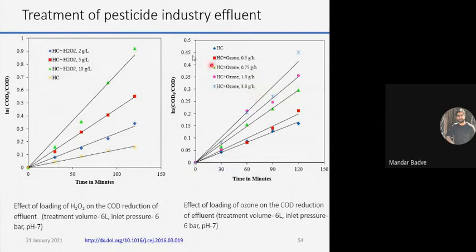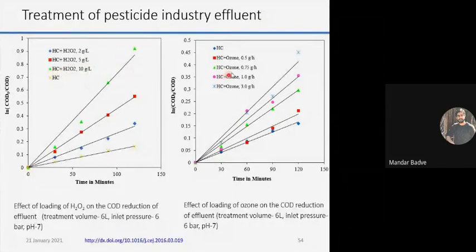So in this study, we actually did the experiment with actual wastewater from a pesticide industry effluent. So here also we observed that compared to only cavitation, when it was combined with hydrogen peroxide and when it was combined with ozone, the amount of COD which was reduced was more, right? As you increase the hydrogen peroxide concentration, the degradation also increases, and the highest degradation was observed when we had 10 grams per liter of hydrogen peroxide, along with obviously cavitation, right?